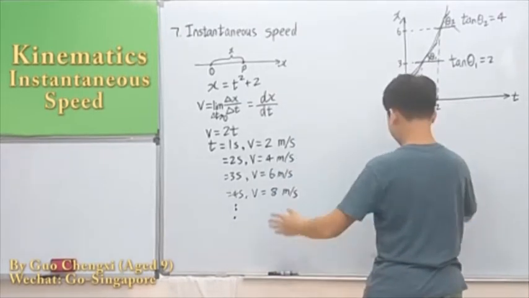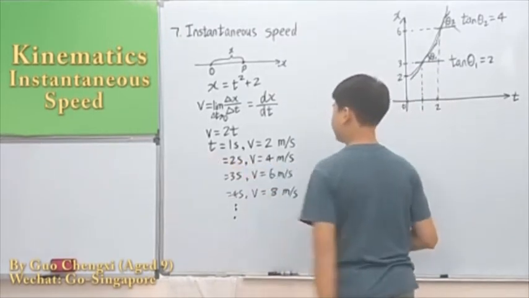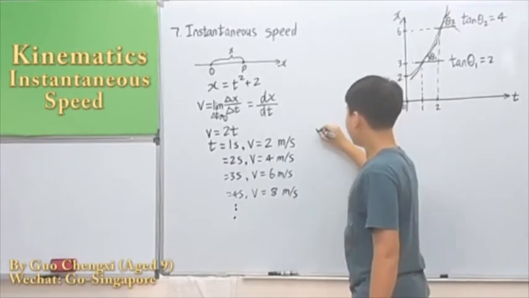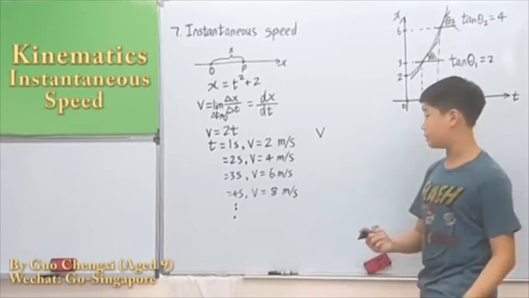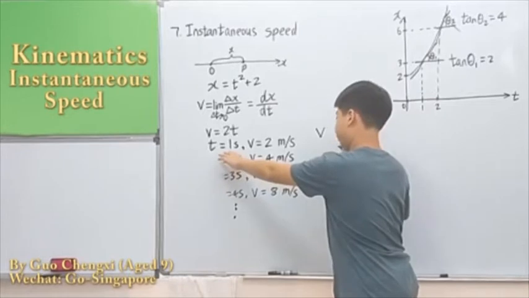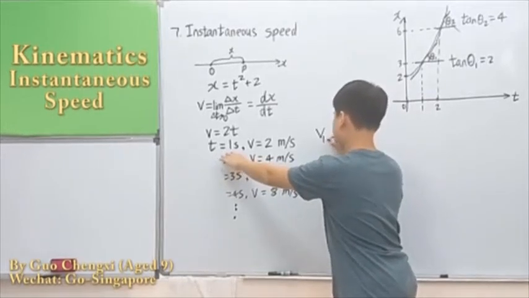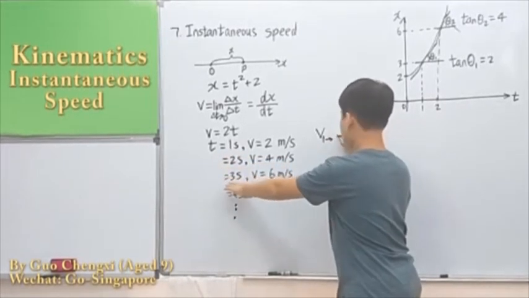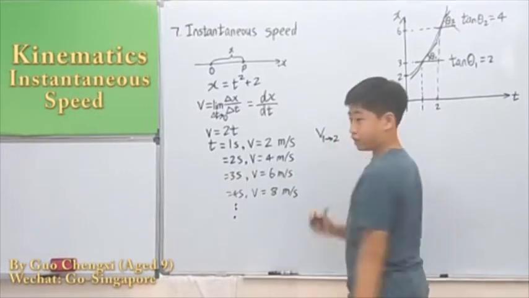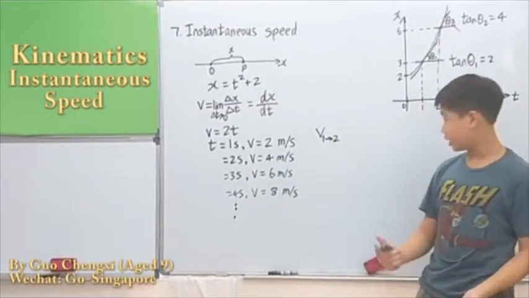But wait, what if I pick from different timings? We can find the speed from, let's say, 1 second to 2 seconds first, from the simple parts.